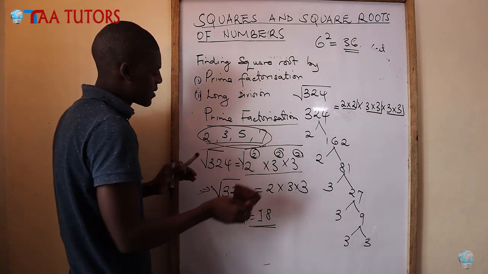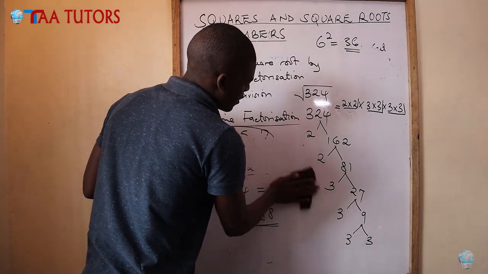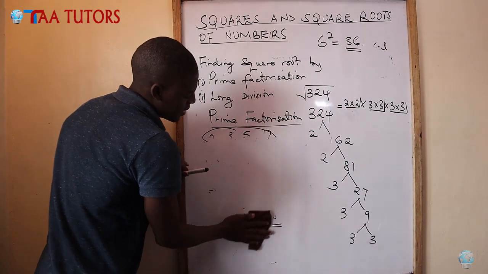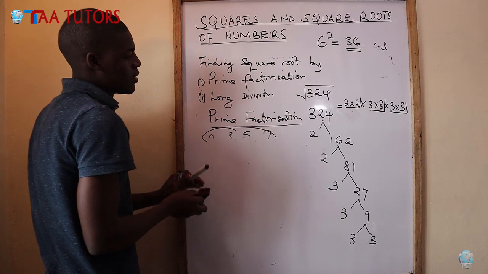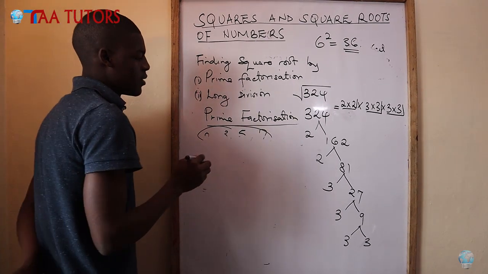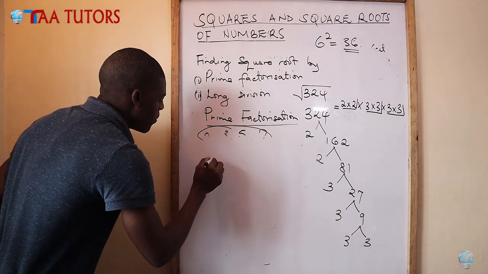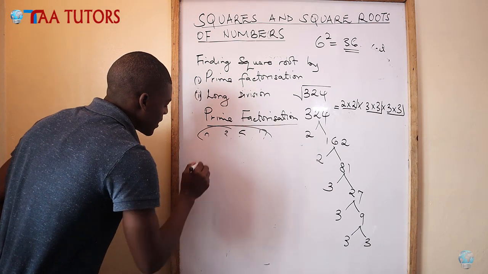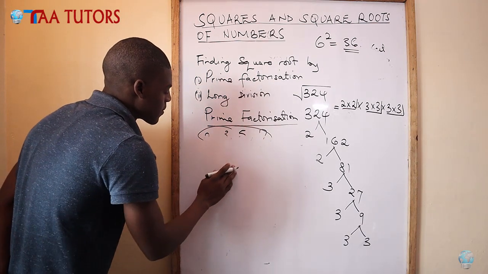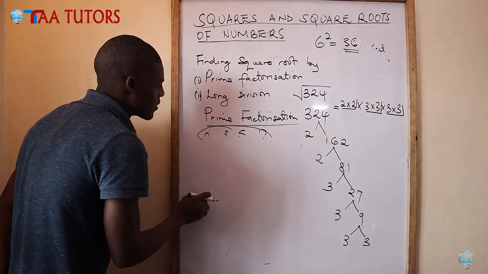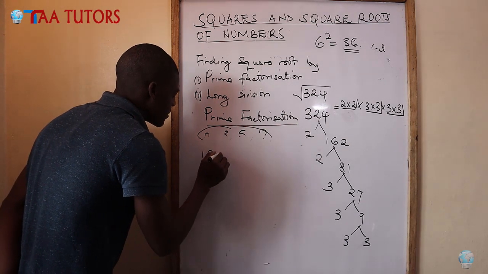Maybe the third and last example. Let's take a perfect square like 196.